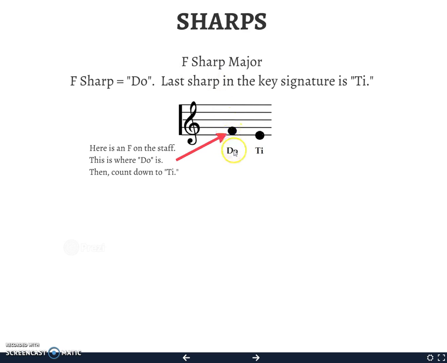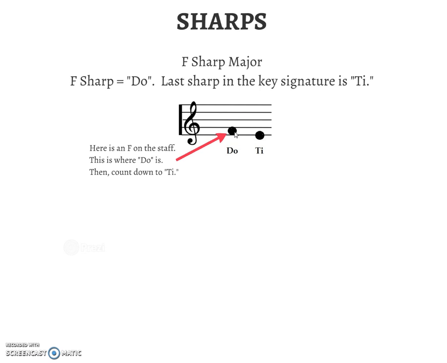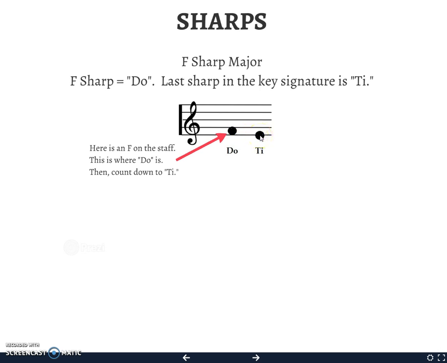There is an F. That's our do. Well, F sharp is do, but there is where F is on the staff. And we know that the last sharp is Ti. So the last sharp in this key signature is E sharp. Do, Ti. So our last sharp is E sharp.